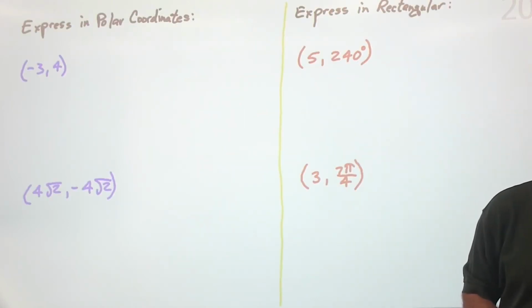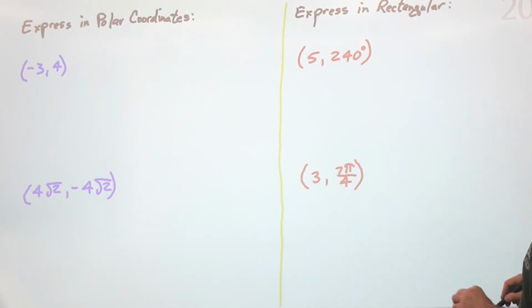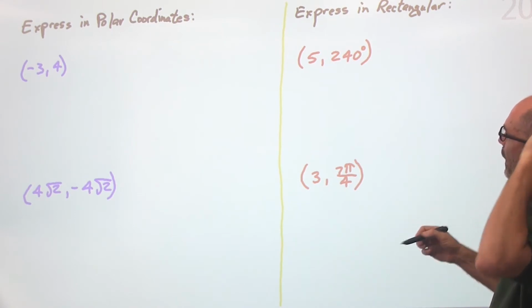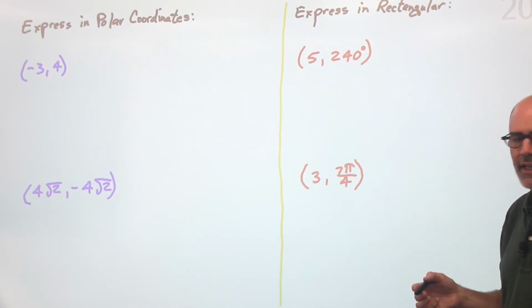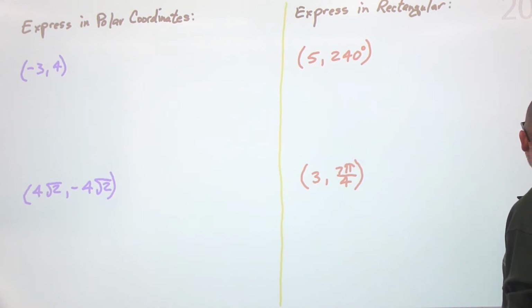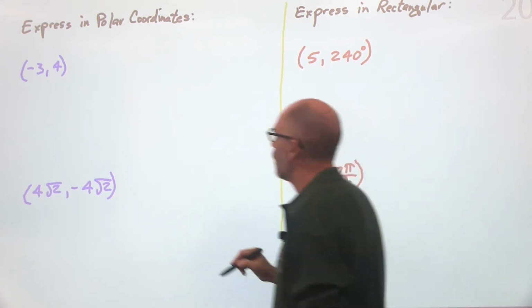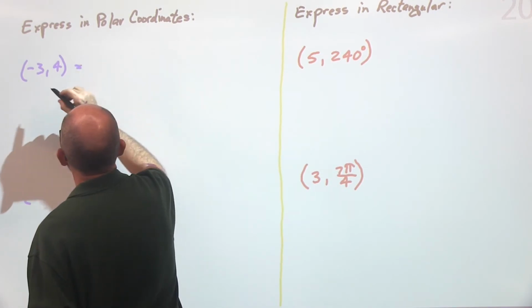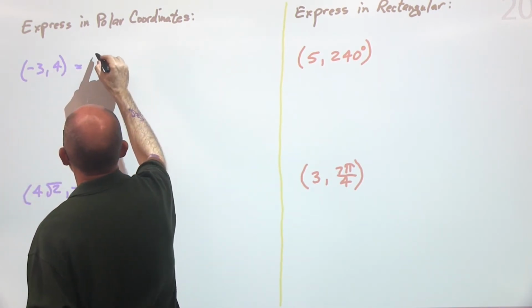Okay, so what we want to do now is take negative 3, 4 and put that in polar coordinates. All right, so you know that 3, 4, 5.